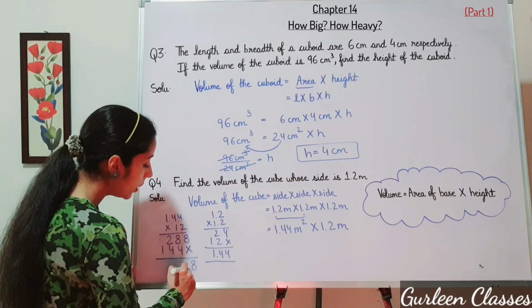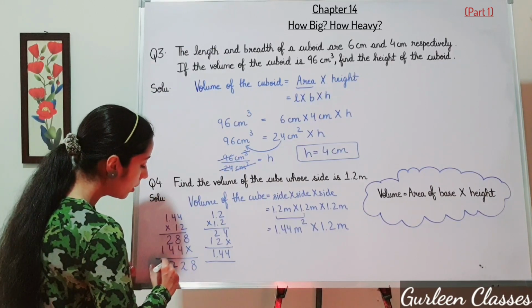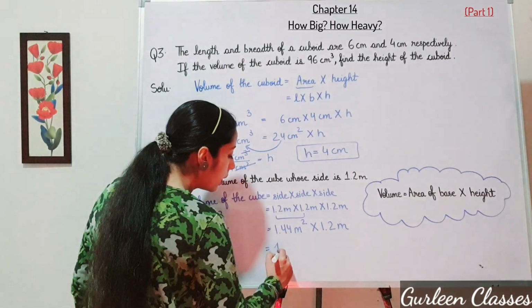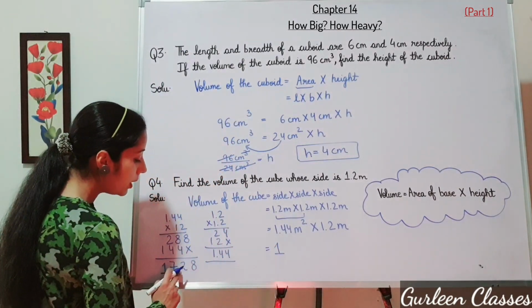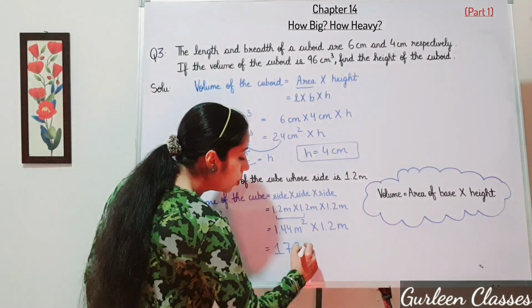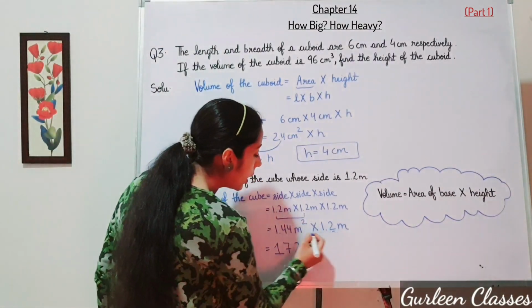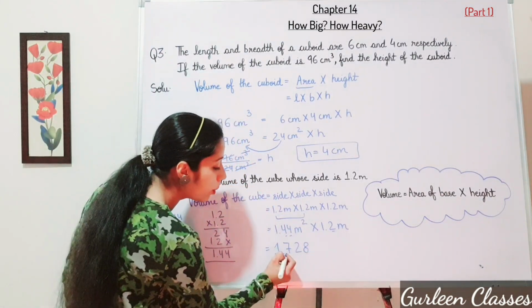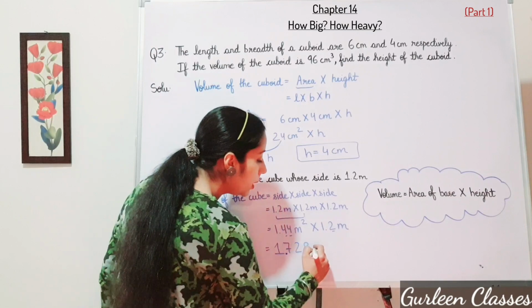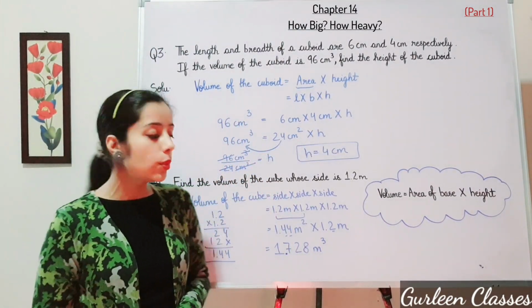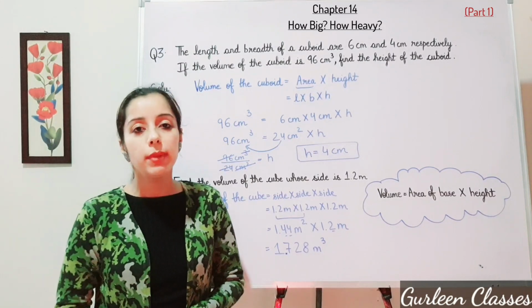So answer is coming 1, 7, 2, 8. Count from here, 1, 2, 3. Decimal point will come here. So here volume of cube is equal to 1.728 meter cube.